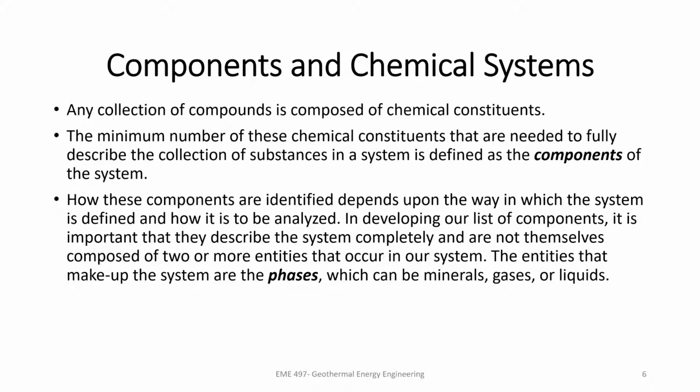How these components are identified depends on the way we define the system and how it's to be analyzed. In developing our list of components, it's important that they describe the system completely. They are not themselves composed of two or more entities that occur in our system. The entities that make up the system are the phases, which can be minerals, gases, or liquids.